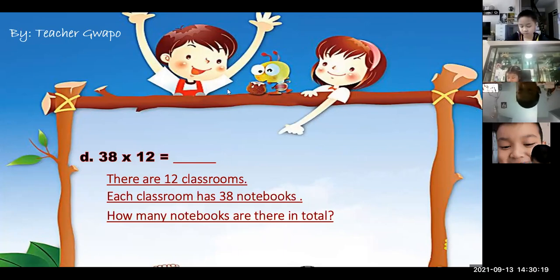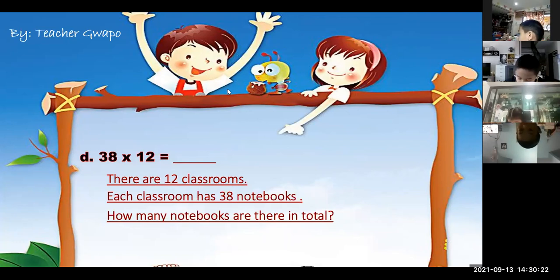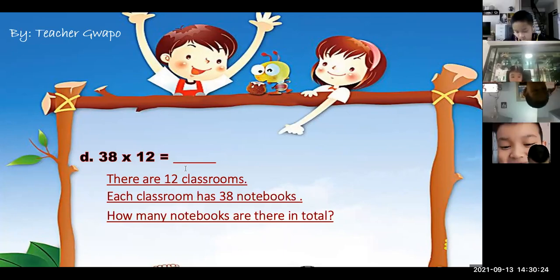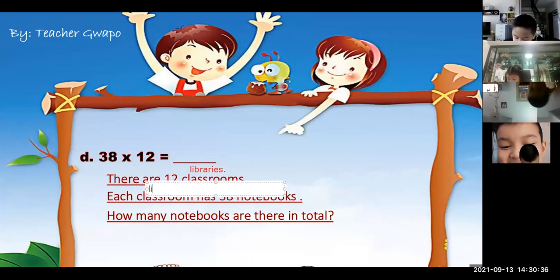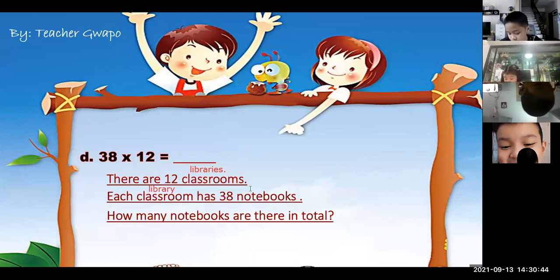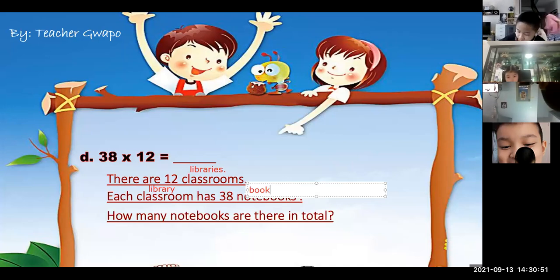Let's say, for example, there are 12 libraries. It's only an example. Each library has 38, instead of notebooks, because in the library we often see books, 38 books.